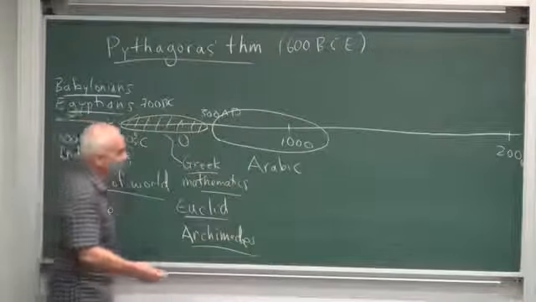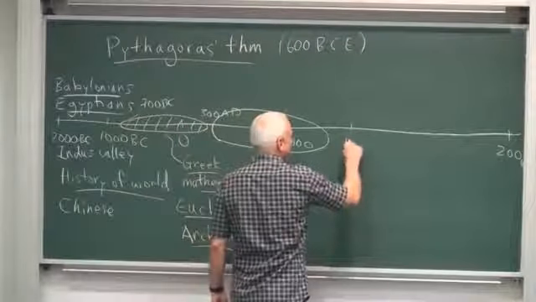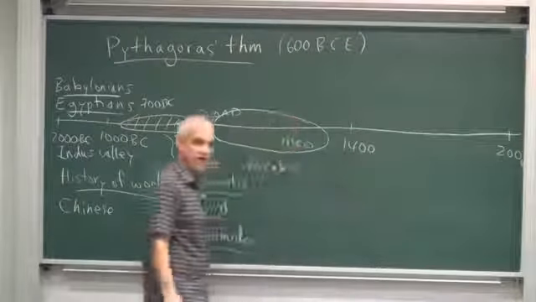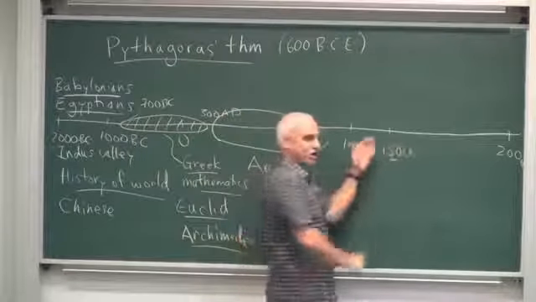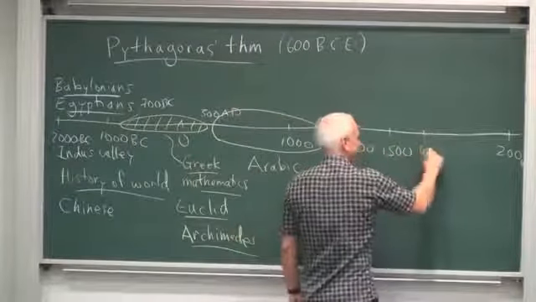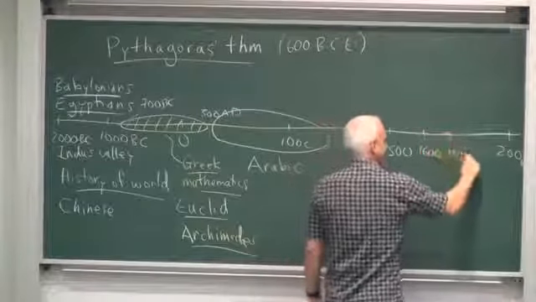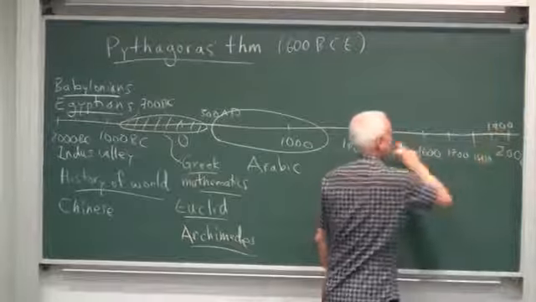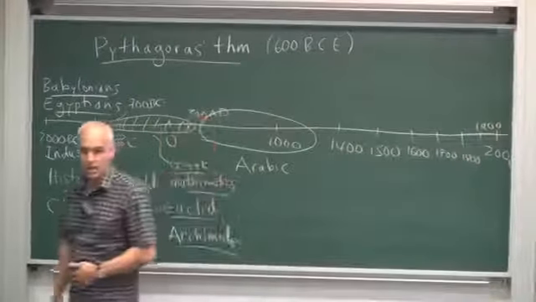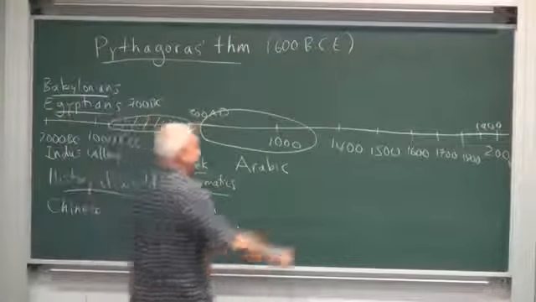And the Europeans start perhaps roughly around 1400, 1500. And then there's a kind of an explosion of activity in these years.